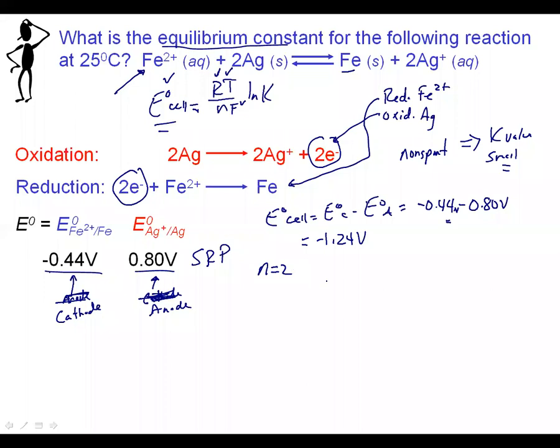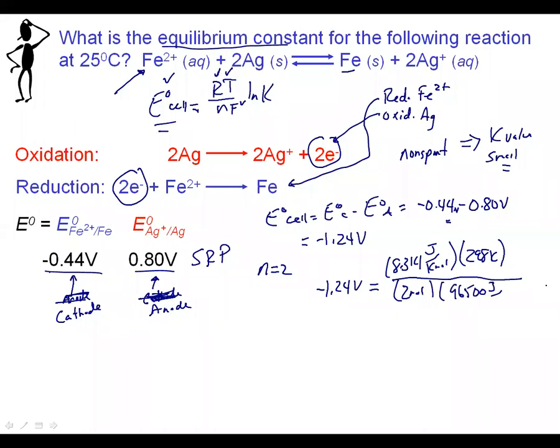So we can go: minus 1.24 volts equals 8.314 joules per Kelvin mole, temperature becoming 298 Kelvin when we add 273 to our 25, n is 2 moles, and our Faraday 96,500 joules per volt mole, natural log of K. Let's clean up everything: 8.314 times 298 times 2 divided by 96,500.